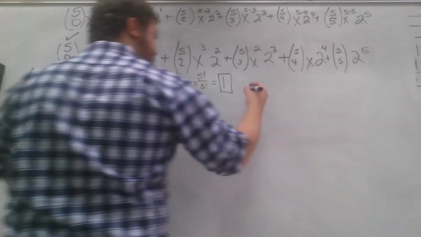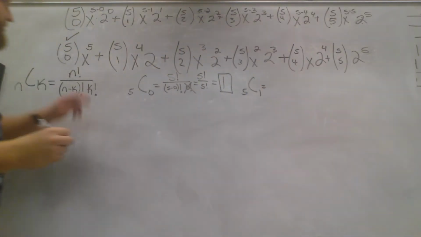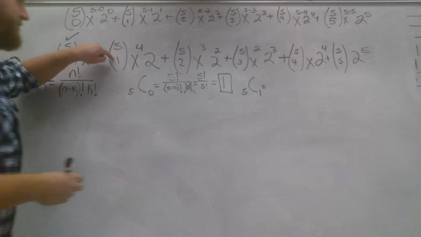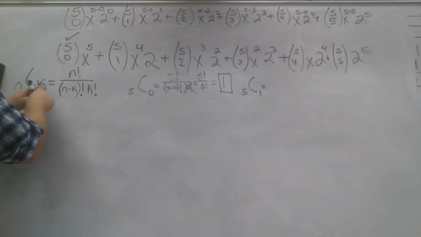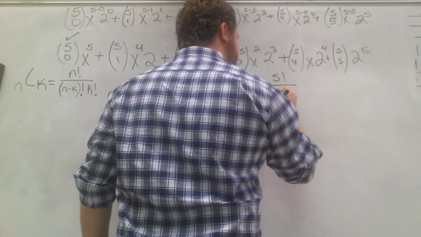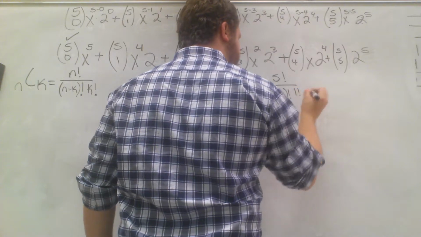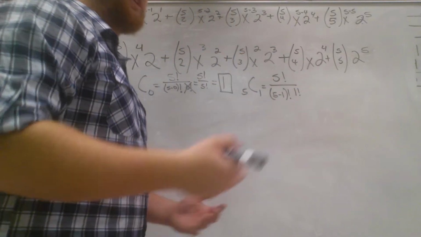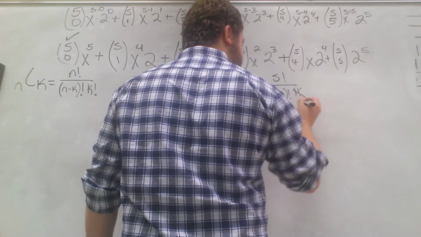Now let me do 5C1. So I'm doing my next parenthesis, same exact way, same formula. 5 is my N, 1 is my K. So I do 5 factorial over 5 minus 1 factorial times 1 factorial. What is 1 times everything below it? It's just 1, so don't worry about your 1.